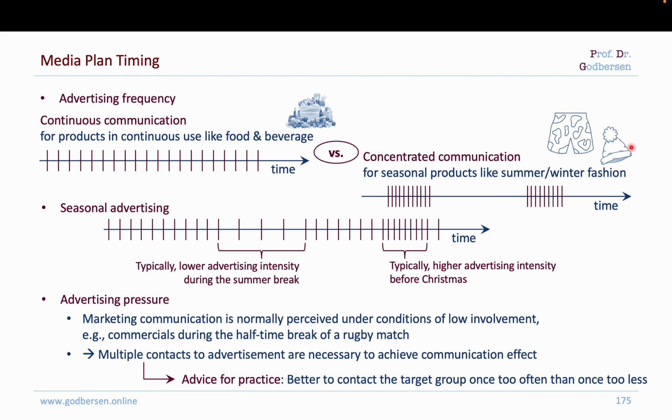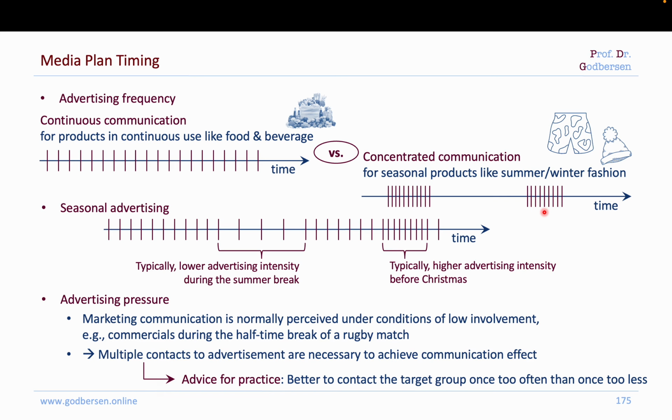It makes very much sense to have your communication, your advertising for summer clothes, like trunks, swimwear, out before the summer, and winter clothes, skiing, and all these things out before the winter. So for seasonal products, concentrated communication is a very good idea.